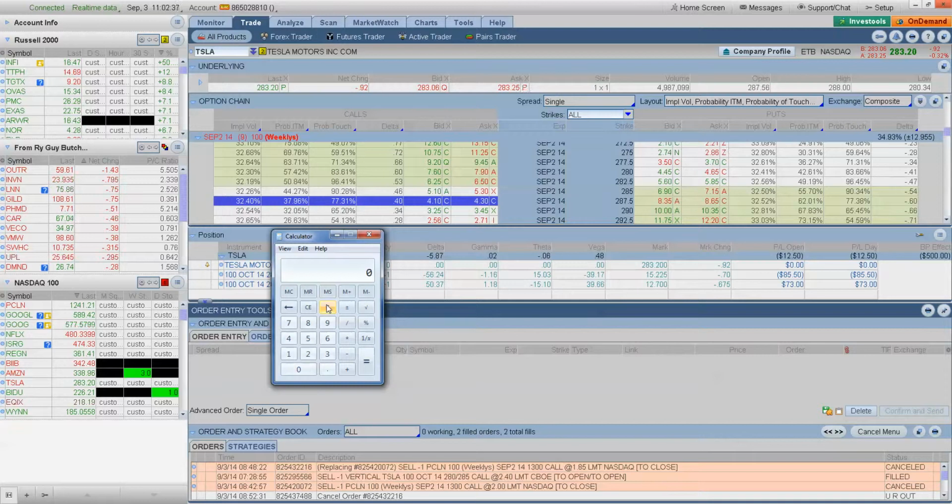But if you did that annually, 20,800 divided by 24,700, something like that, that's yearly. You're making 84% a year. So that's a return on your money. So that's how I look at these covered calls.